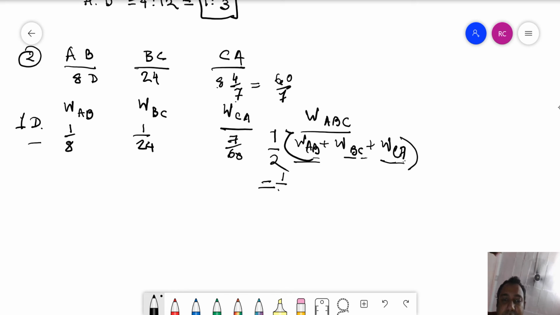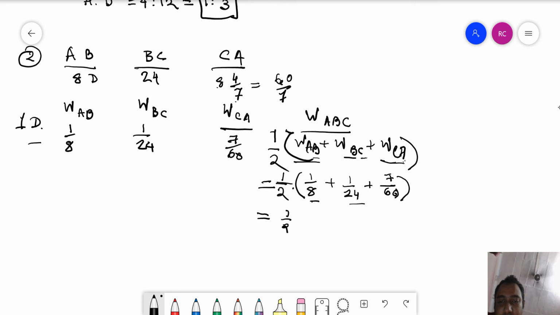So what is the value of the expression? It is 1 by 8 plus 1 by 24 plus 7 by 60, and the whole thing divided by half. If you take the LCM at the bottom, we get 120, and you get 15, you get 5, and you get 14 at the top.